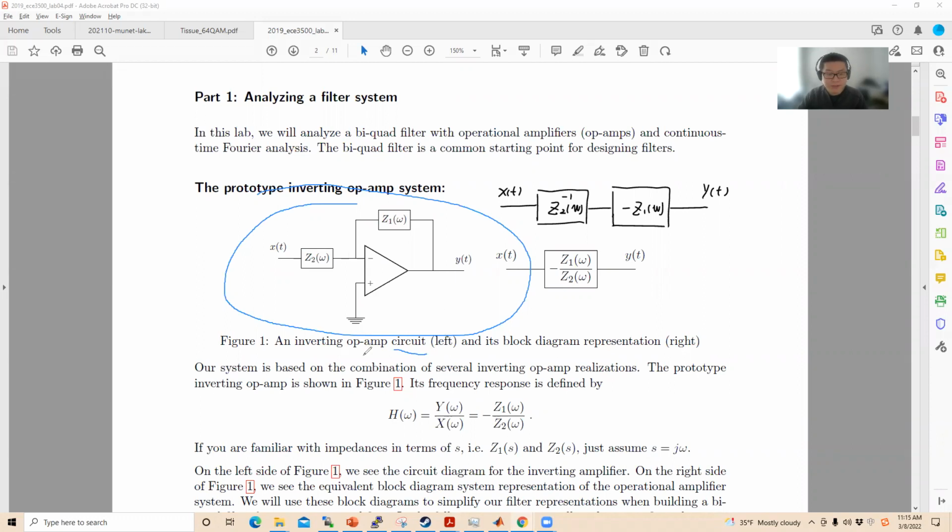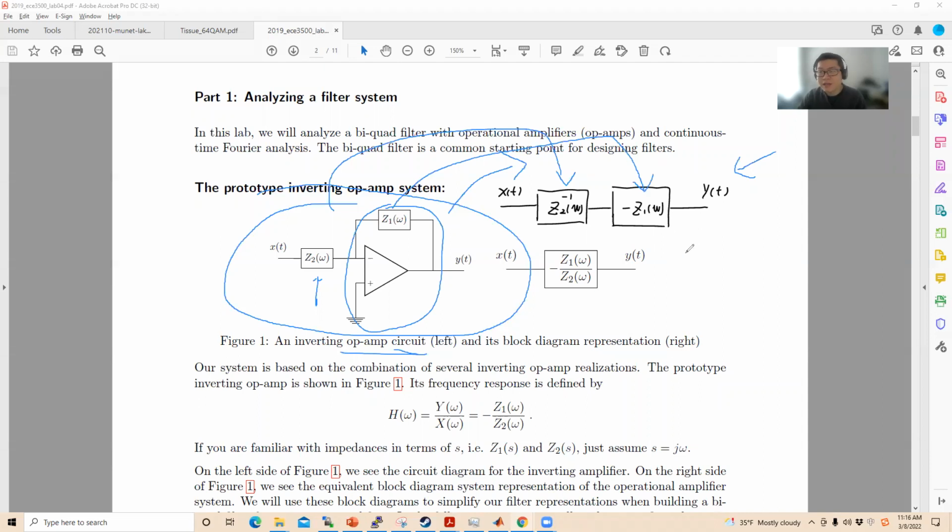So suppose that this is the operational amplifier circuit. Firstly, we need to transform it into the block diagram representation. I just draw this figure, and you can see this part has been transformed into this part, and this part is transformed into this part.